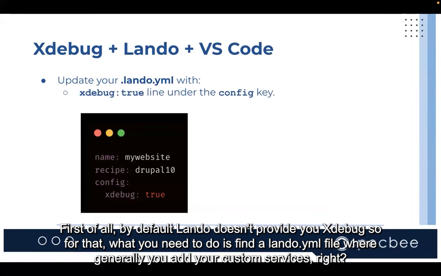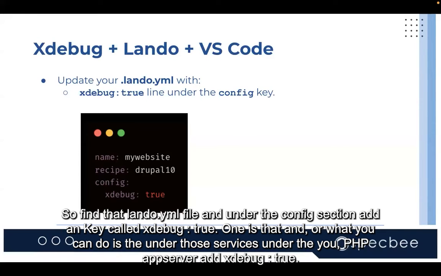First of all, by default, Lando doesn't provide you XDebug. So for that, what you need to do is find your .lando.yml file, where generally you add your custom services. Find that file, and under the config section, add a key called xdebug: true.